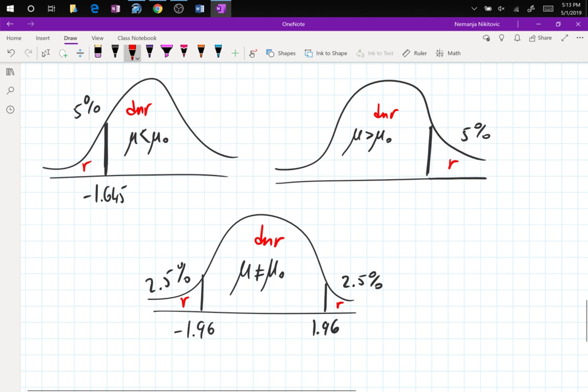So one of the favorite questions, right? Let's say you test your IQ and your IQ comes out to be 117. What is the percentage of people that have lower IQ than you?